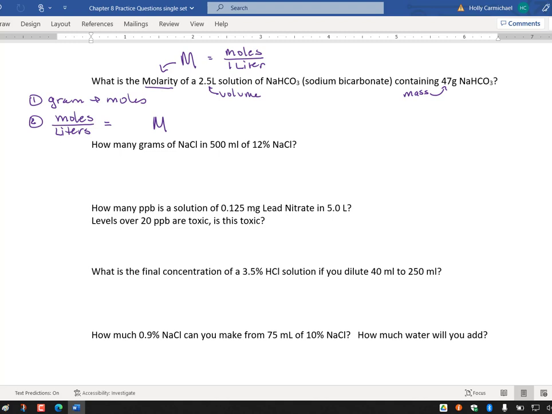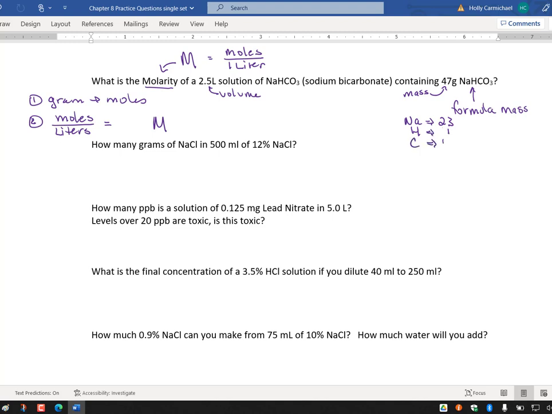So the first step, to go from grams to moles, I need to know the formula mass. Remember, in Chapter 3, you just take the mass of each of the atoms in the formula. So NaHCO3. Na, if you look on your periodic table, weighs 23. H, rounding, is just 1.